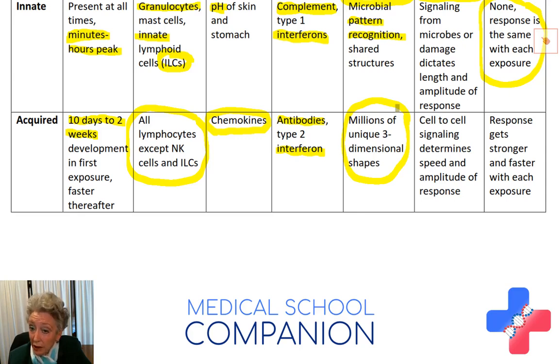So unlike those evolutionarily conserved patterns that have come to be clues of an invading microbial pathogen, every lymphocyte will develop a receptor that is specific for one very unique three-dimensional structure of the foreign substance, and that combining to its surface will start off a cascade of recognition and activation responses.